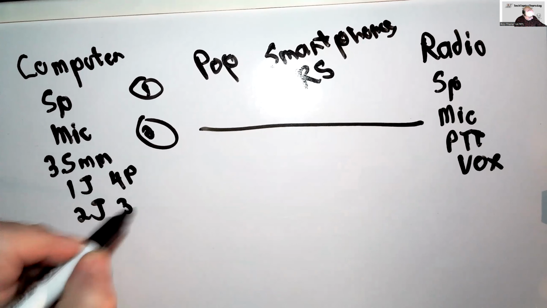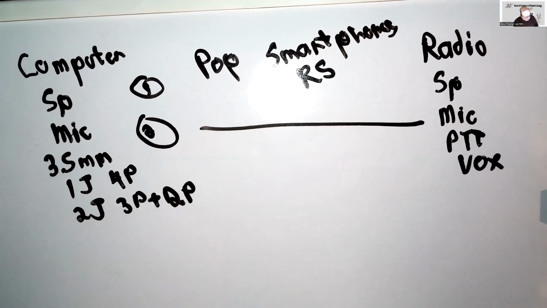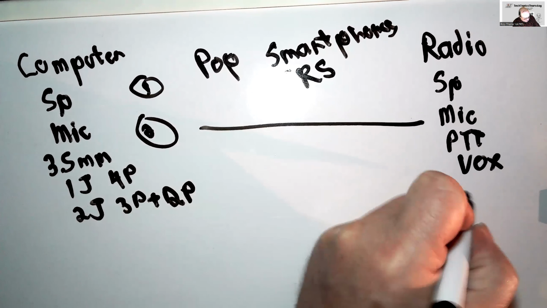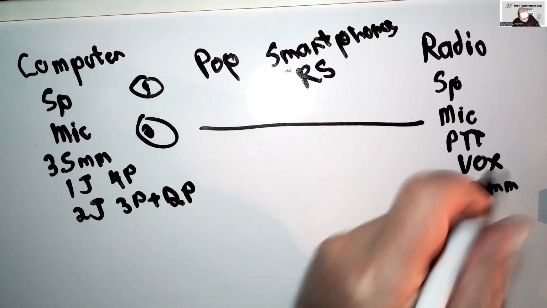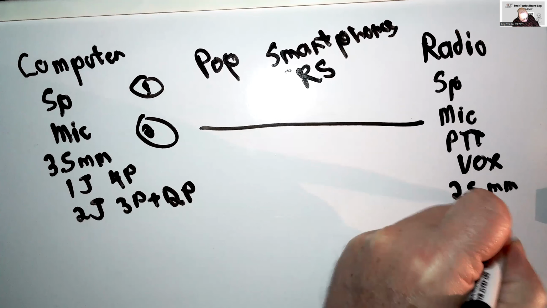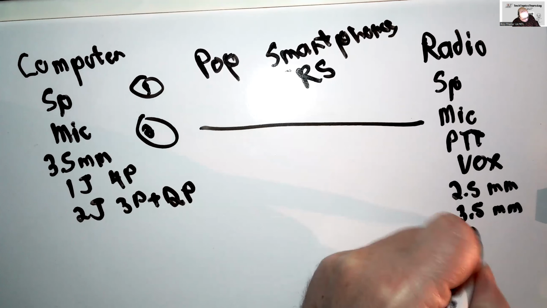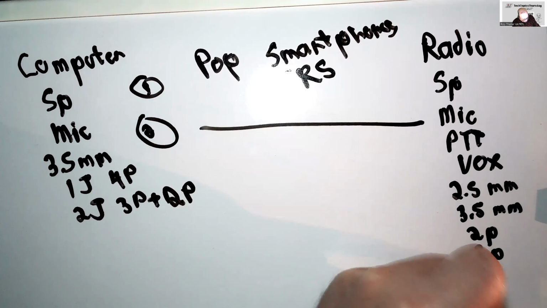This might be a 3-pole and a 2-pole. And over on the radio here, you have a whole bunch of different options. So depending on what radio you have, 2.5 millimeter or a 3.5 millimeter jack. And then this could be a 2-pole or a 3-pole or a 4-pole.